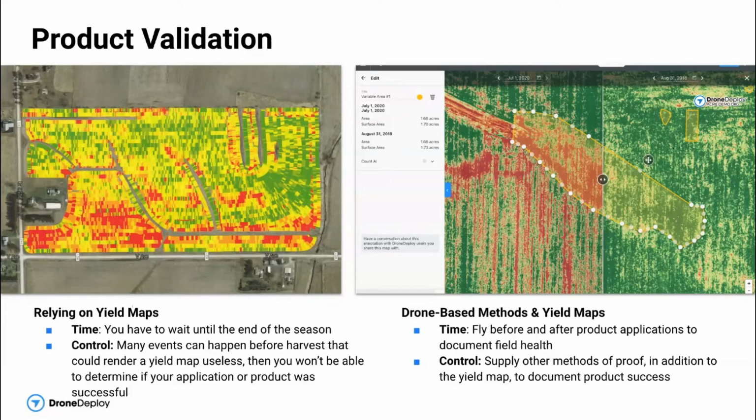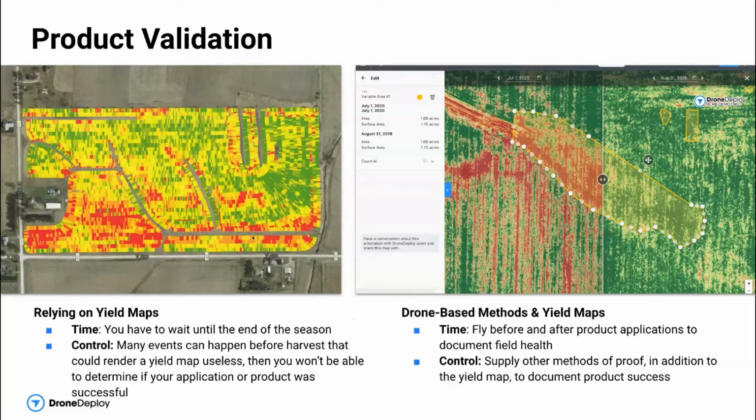What we see in DroneDeploy using these plant health tools is to be able to fly before product application and fly a bit afterwards. This was 30 days after, and you can compare the plant health side by side with our slider here to really understand and create multiple methods of data to prove that the products you're using work, or to hold your seed reps accountable, the products that they're offering you, make sure they're working, make sure they're effective in the field.